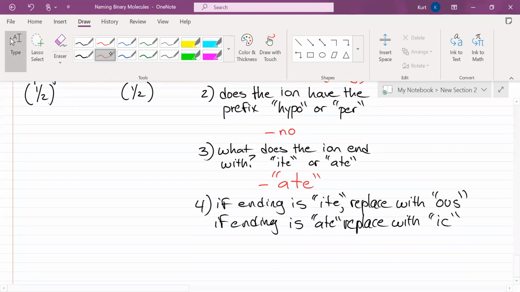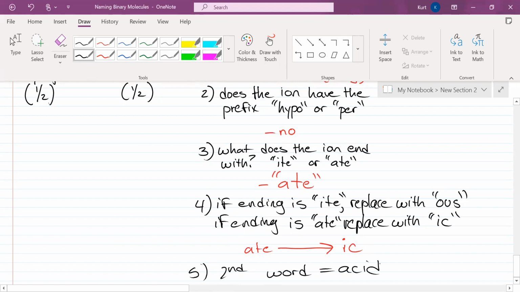So what does nitrate end with? ITE or ATE? So what will you replace it with? ATE is going to be changed to what? IC. And finally, step 5. The second word is going to be acid.